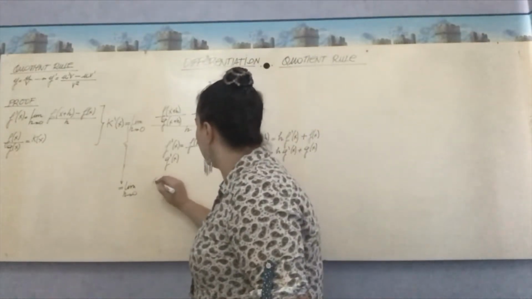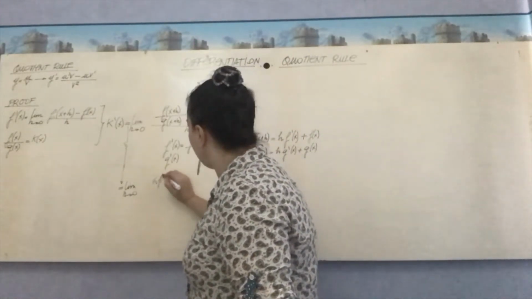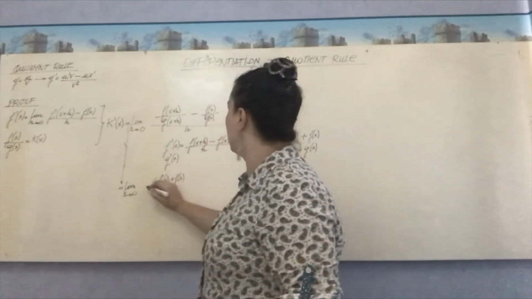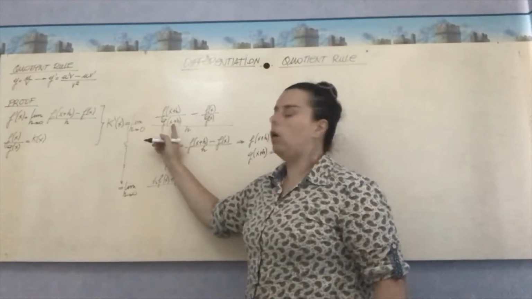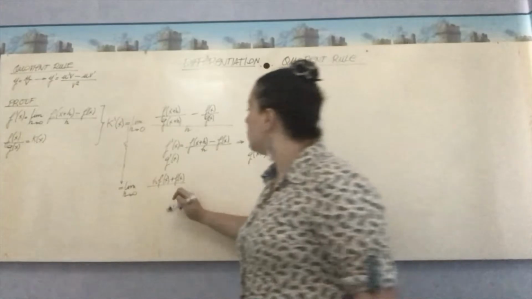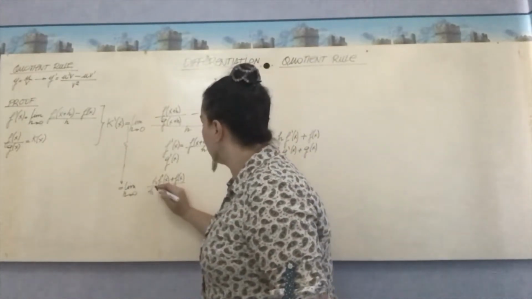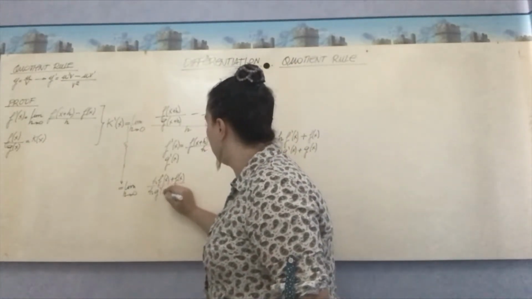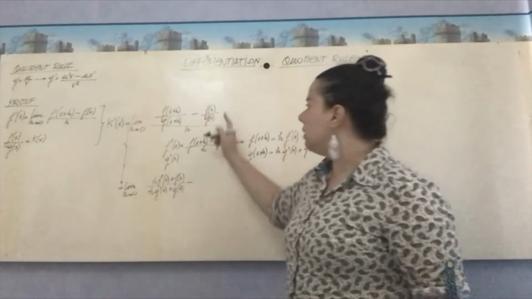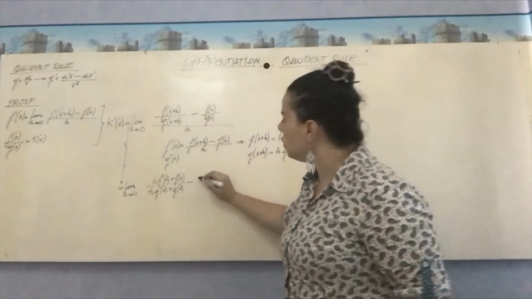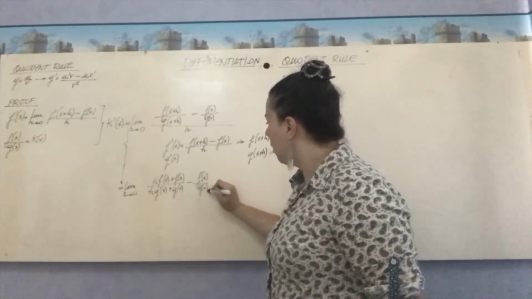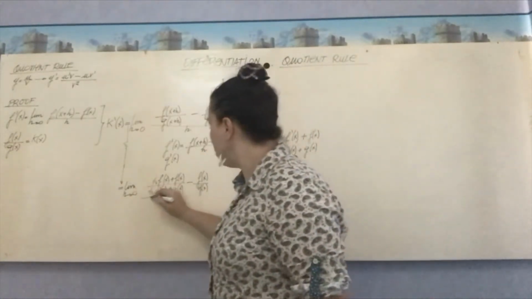So I've got h f prime of x plus f of x divided by g of x plus h. Same deal. I've got an equivalent here. I'm going to put it there. h g prime of x plus g of x minus f of x over g of x. I haven't touched it, so I just carry it on. And all of that divided by h.